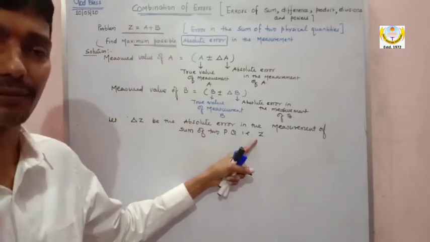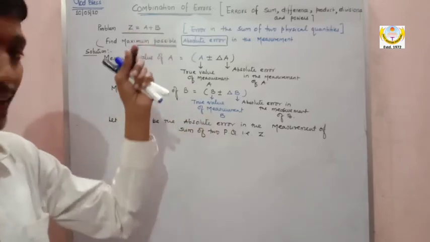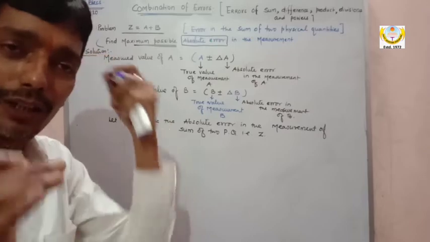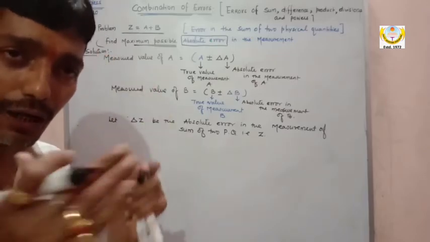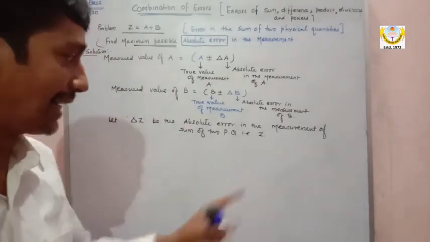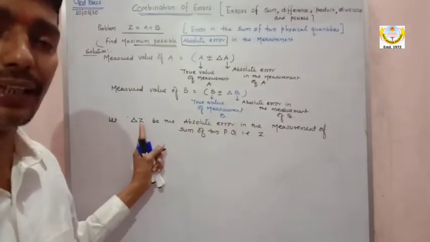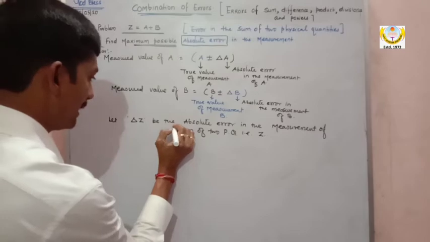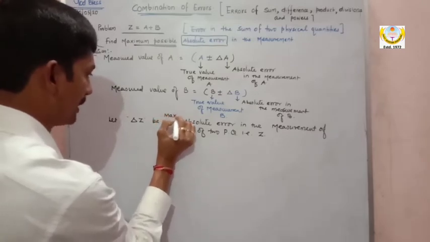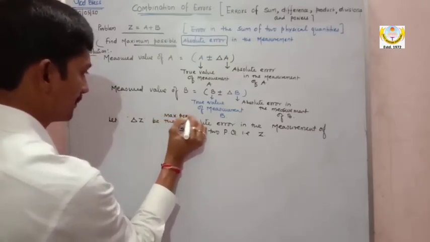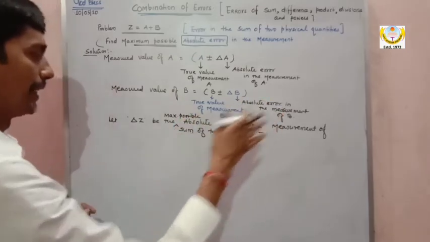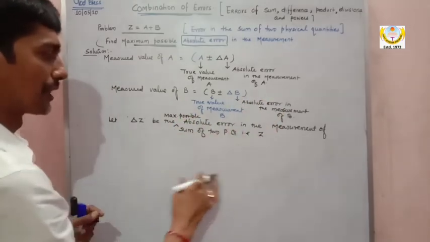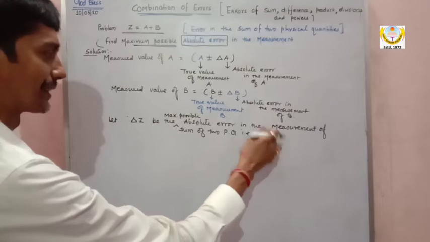I have taken Z. So while adding the two physical quantities, I got some measured value Z. And let me assume that delta Z is the absolute error, or I can say the maximum possible absolute error in the measurement of the sum of two physical quantities, which I have written as Z.